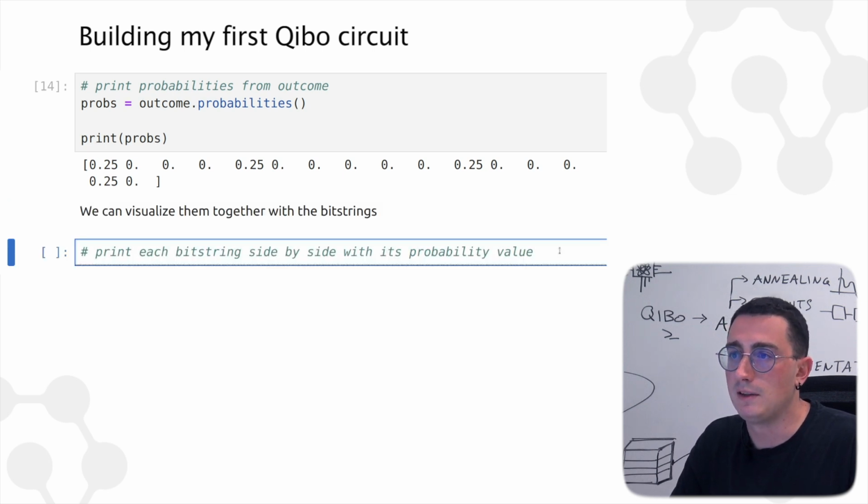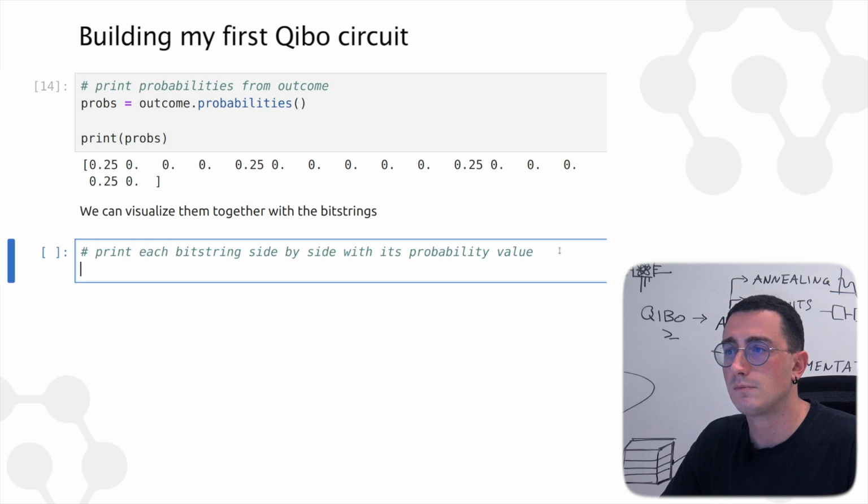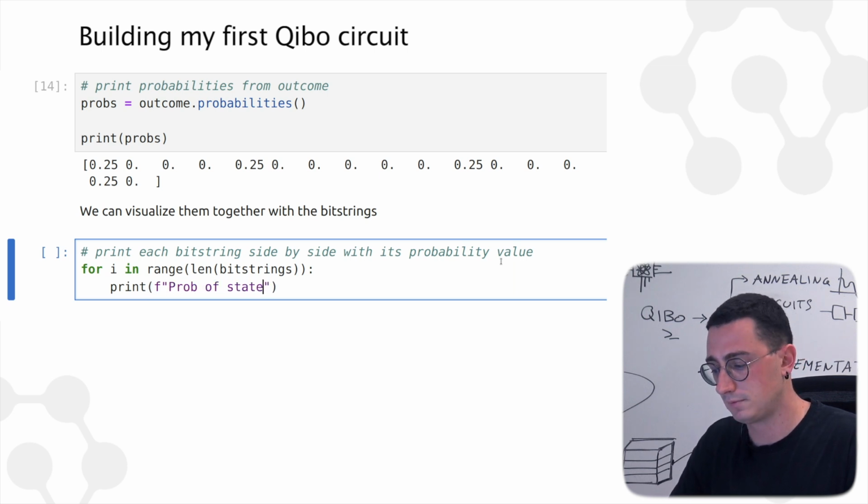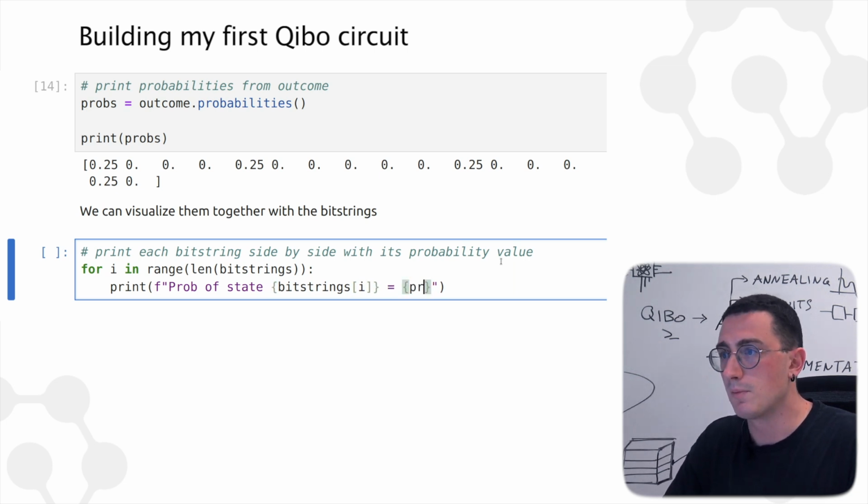And if you want, we can also print it side by side with the bit string value. So we can just do some loop, for example, for e in range len(bitstrings). So we loop over the bit strings and we can print some string, like probability of state bitstrings[e] equal to probability of index e.